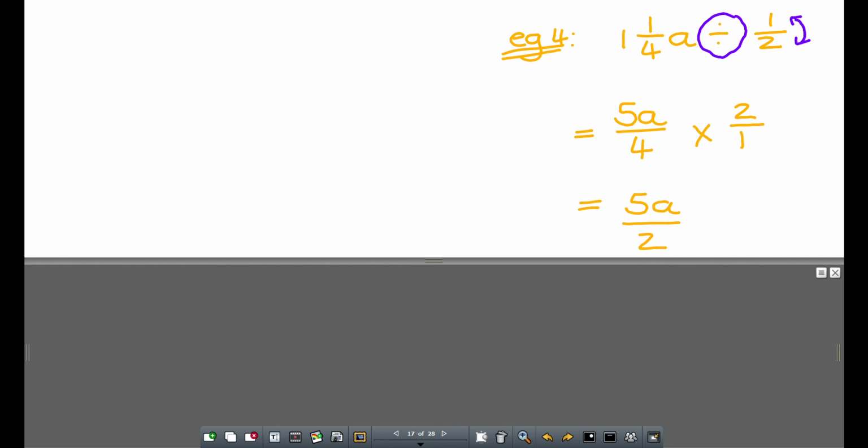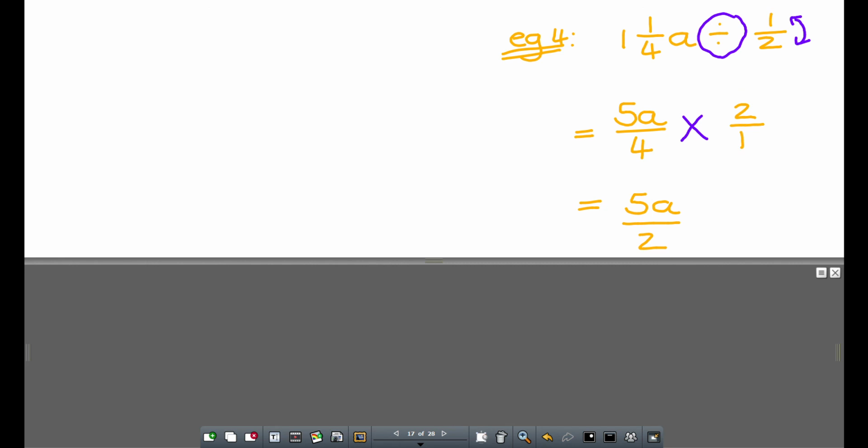Okay, the first step, because it was division, I'm not allowed to cancel out. So when you see division, we always want to change it to multiplication. So I'm going to change that division to multiplication, which means that this half must switch around. So now you'll see I've got 2 over 1. And now we can cancel out.